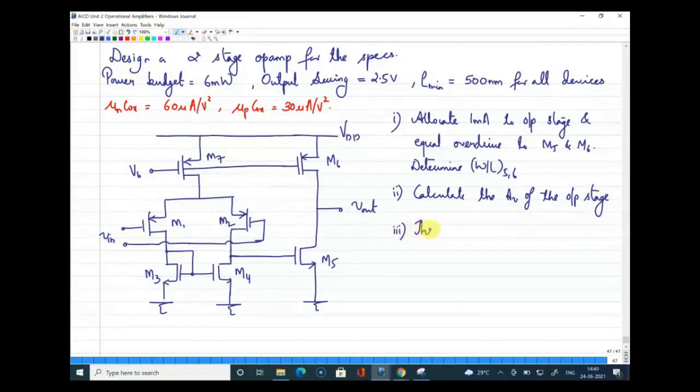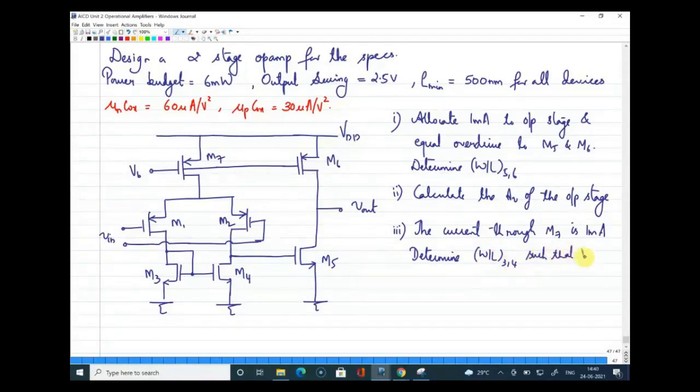Then the third part of the question is the current that you can take through the current source transistor, which is M7, is 1 milliamp. So with that, you can find the size of transistors 3 and 4, which are the current mirror load transistors, but with one condition: the gate source voltage of 5 should be equal to the gate source voltage of 3.